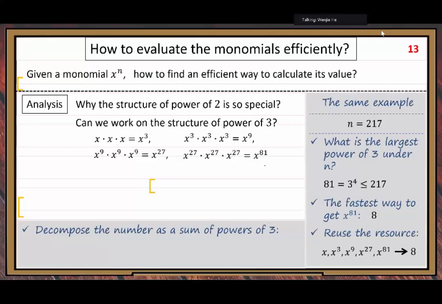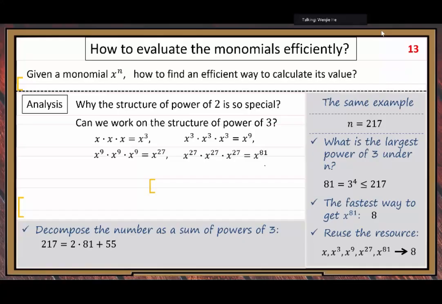We decompose the number as a sum of powers of 3. But look at the difference. We need to do some small modification. The 81, we can use it twice, 2 times 81.